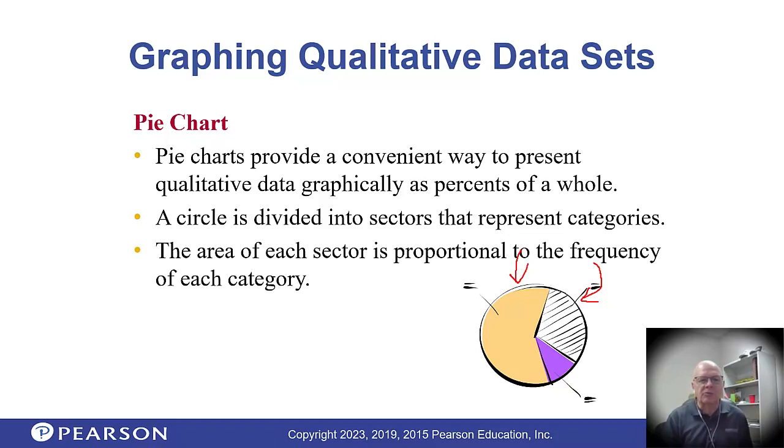Each sector is proportional to the frequency of each category. So, for example, the frequency divided by n gives you the relative frequency. And if you want to make it into a pie chart, multiply that by 360 degrees, and you know how far this section here goes, for example.